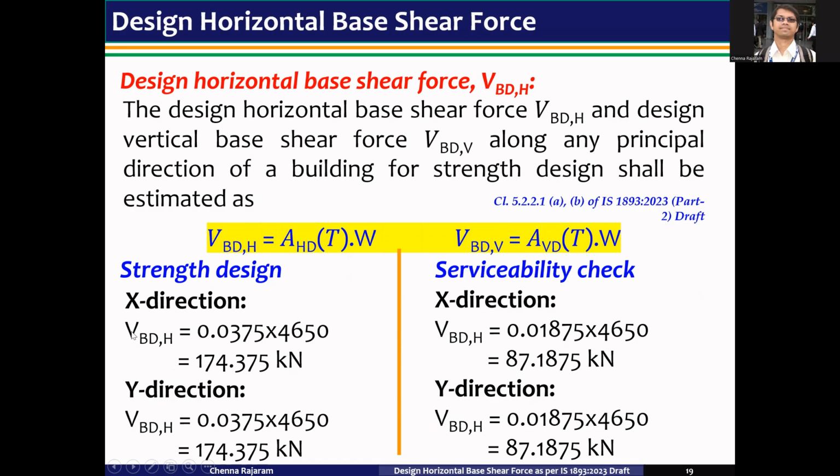The values are arrived: VBDH along X direction 174.375. Similarly for Y direction for strength design. And for serviceability check, the VBDH along X direction and Y direction, the value is 87.1875 kilonewtons.